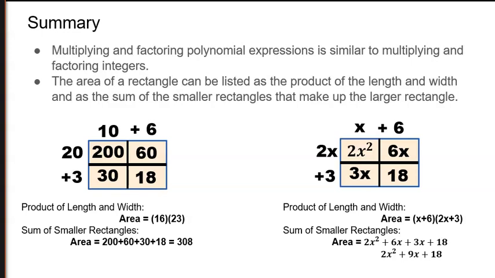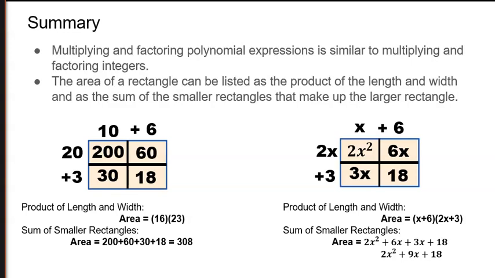To summarize, in this lesson we found that multiplying and factoring polynomial expressions is a similar process to multiplying and factoring integers. We also related this process to finding different ways to represent the area of a rectangle. The area of a rectangle can be expressed as the product of the length and width of the rectangle.